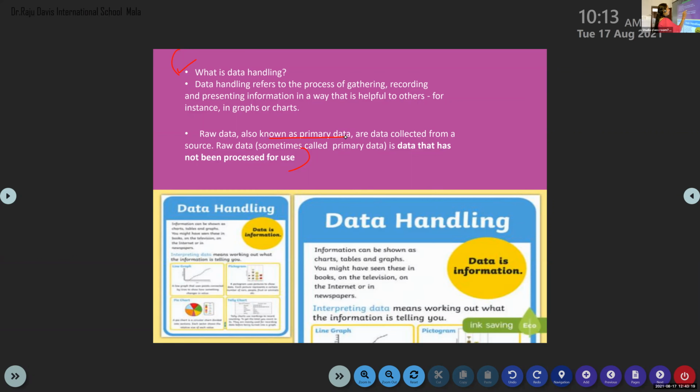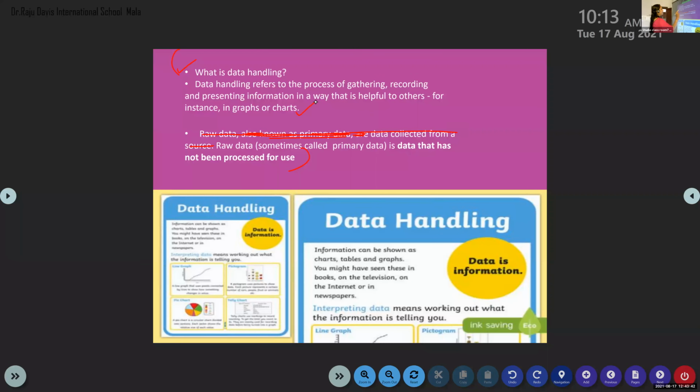You don't need to write "also known as primary data". I'll give "data collected from a source". Will you write what I'm telling now? Okay.